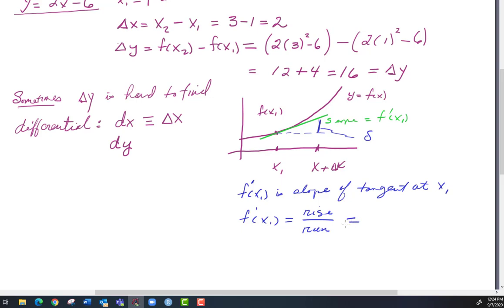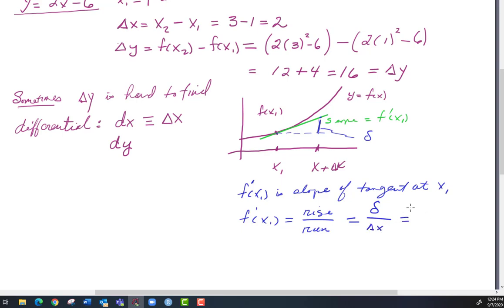It doesn't matter, we can calculate the slope of a straight line given any 2 points. So this point and this point would do as well as any other 2 points. In this case, the rise would be this little delta that we've defined in the picture. So we'll put a delta in there. And the run would be from here to here. So that run would be delta x.